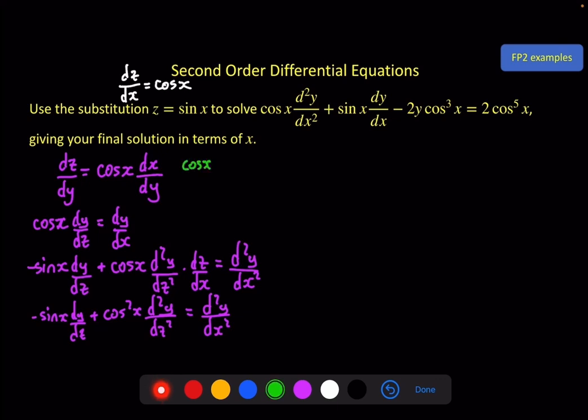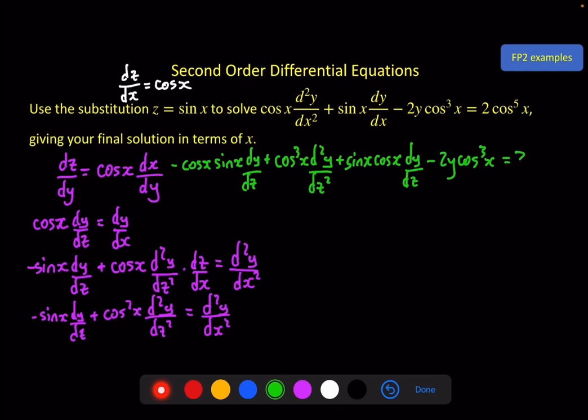Cosine x times minus sine x dy by dz plus cosine cubed x d2y by dz squared plus sine x times cosine x dy by dz minus 2 times y cosine cubed x is equal to 2 cosine power 5 x, which is not as bad as it looks because this term and this term simply cancel out, and then I've got cosine cubed, cosine power 5, so I'll divide everything by cosine cubed, which simplifies quite nicely down to this.